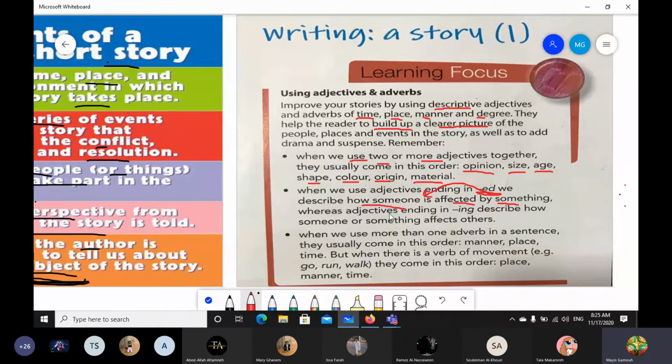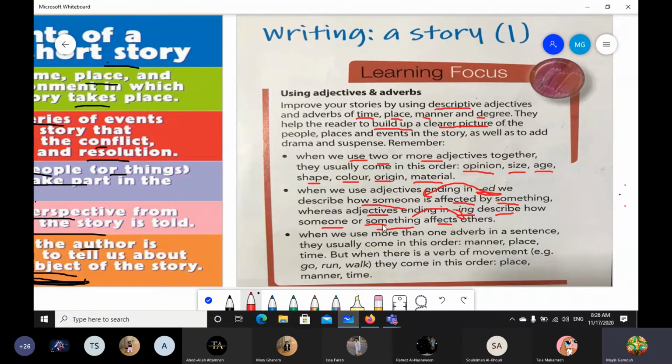But if I use an adjective that ends in ing, it describes how someone or something affects others. So if I say this game is an interesting game, it ended with ing, so this game, this something, interest affected the people or the person.